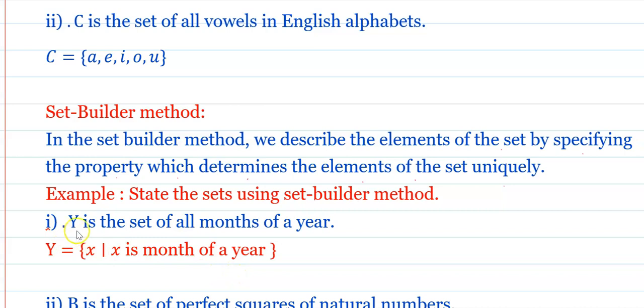The first is Y, the set of all months of a year. Therefore, Y equals, in curly brackets, x such that x is a month of a year. Here the element must be such that it is a month of a year.